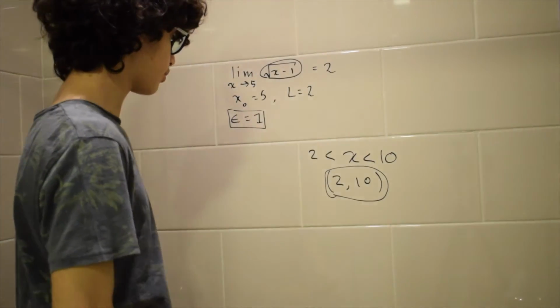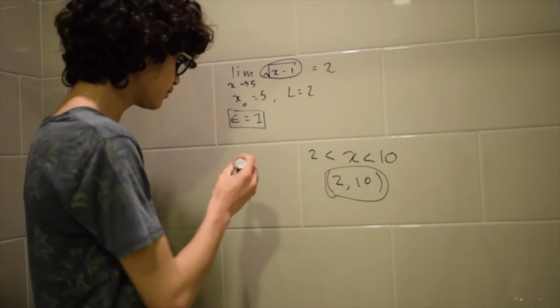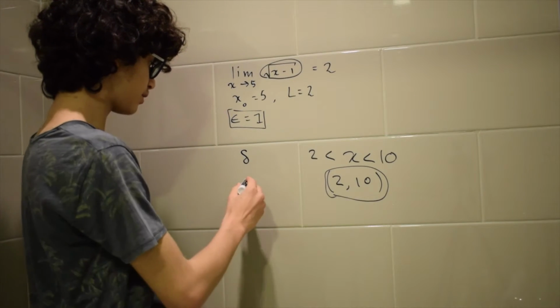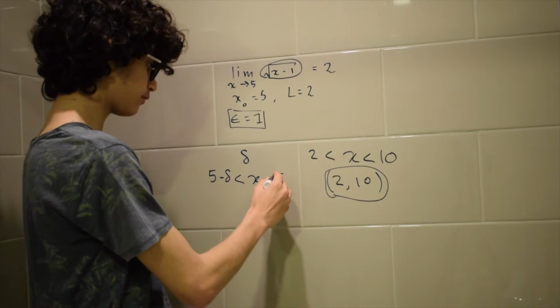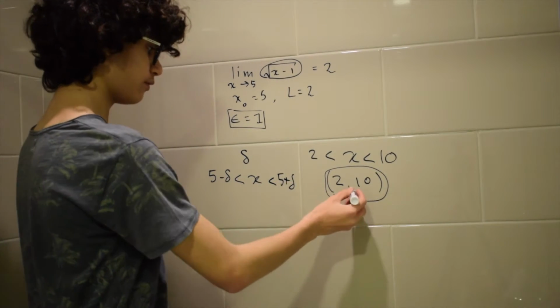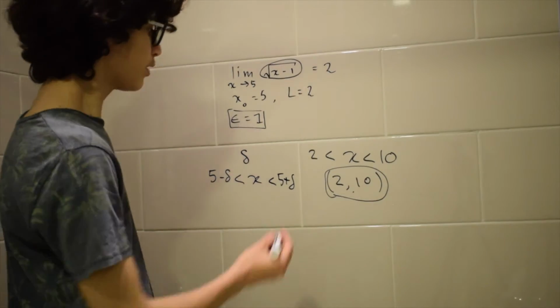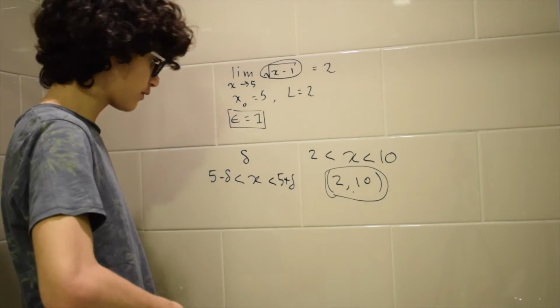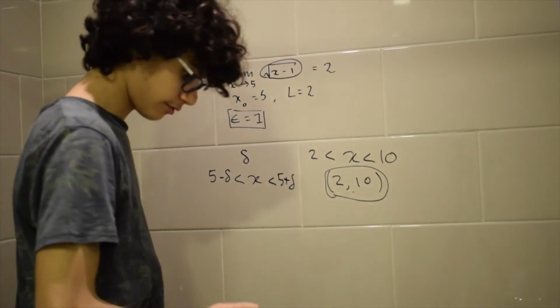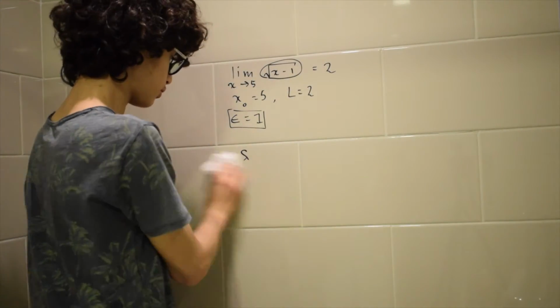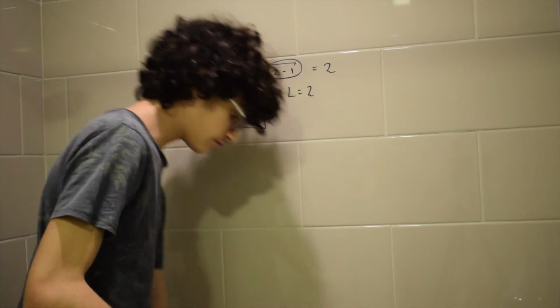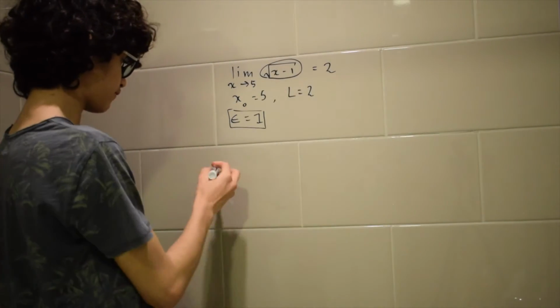The second part of the problem is to find the delta that places x within this interval. Now, in order to make this an easier problem, we could visualize. So visualize the following.